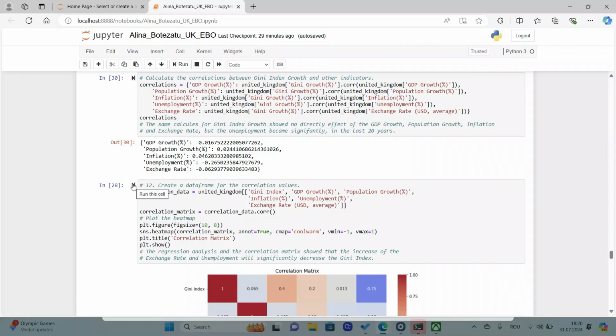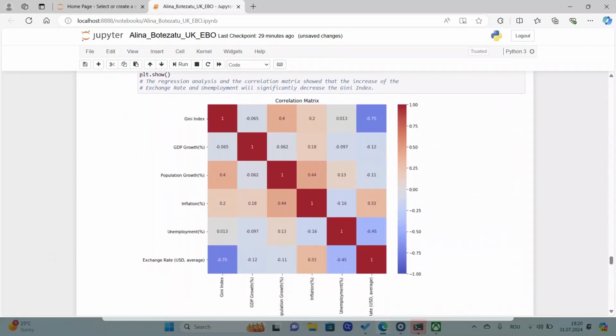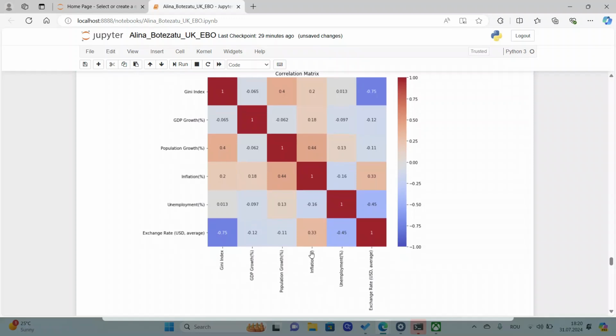Then for this regression analysis, I created a data frame, and I did a heat map plot. And here the regression analysis and the correlation matrix show that the increase of the exchange rate and unemployment will significantly decrease the Gini index.